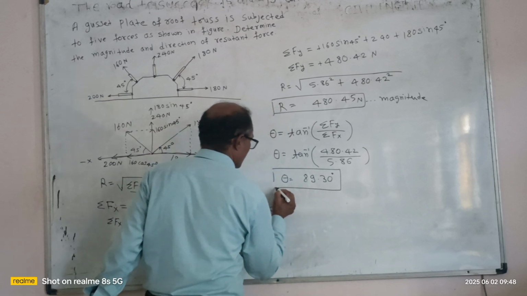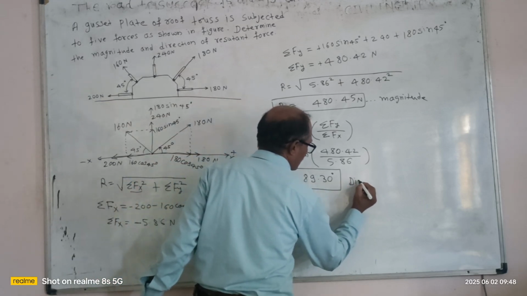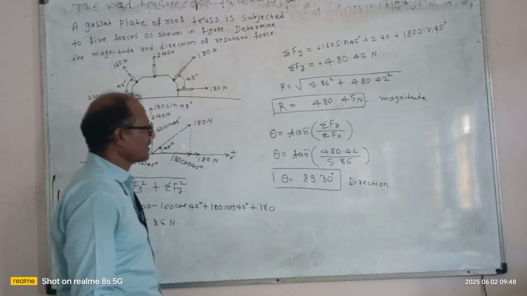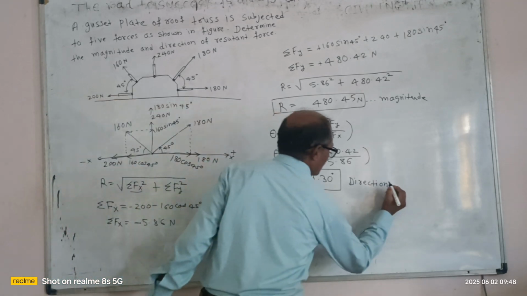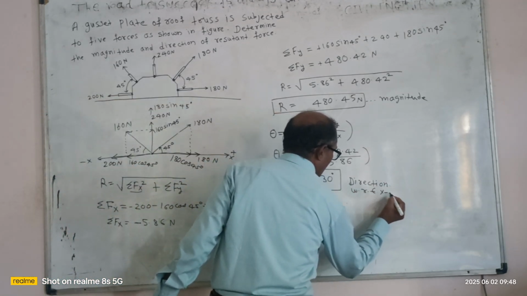So this is the direction made by the resultant with respect to the x-axis.